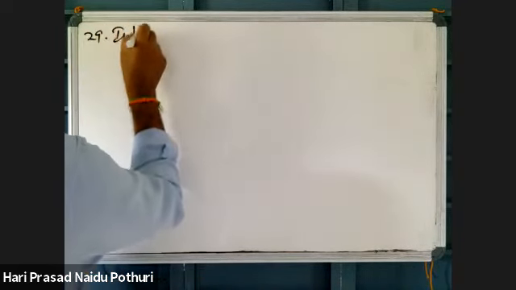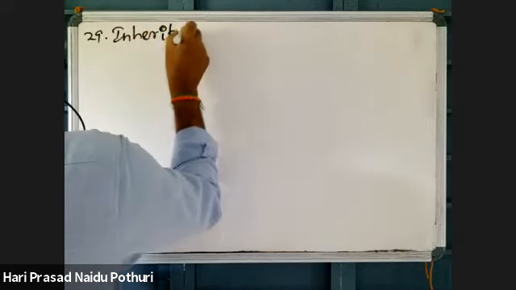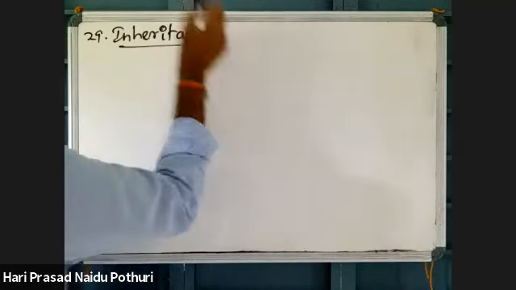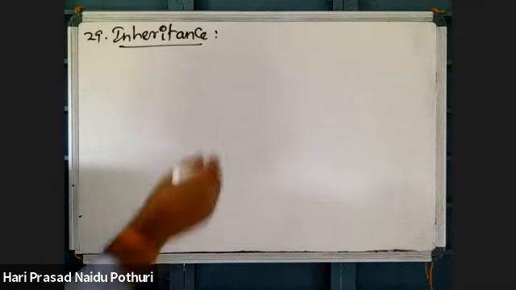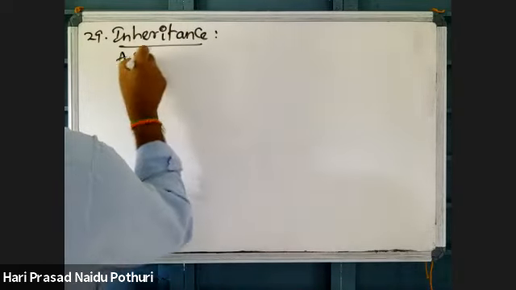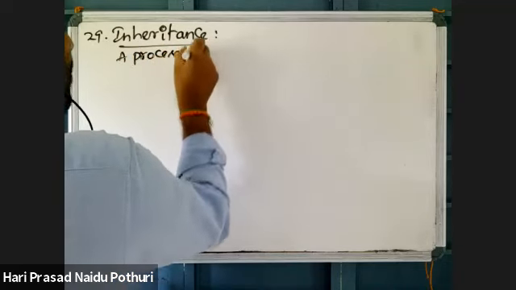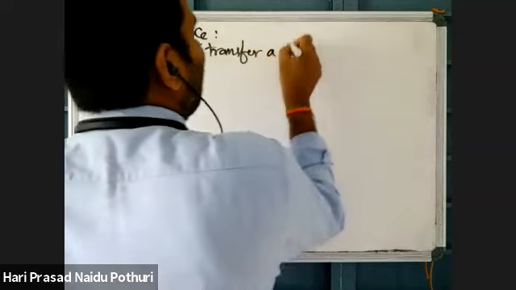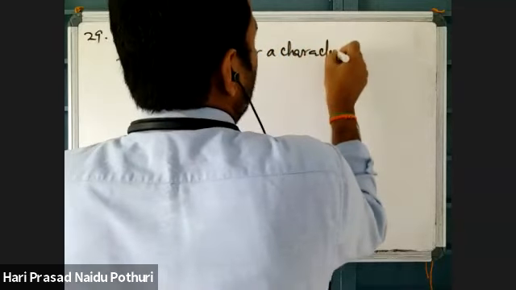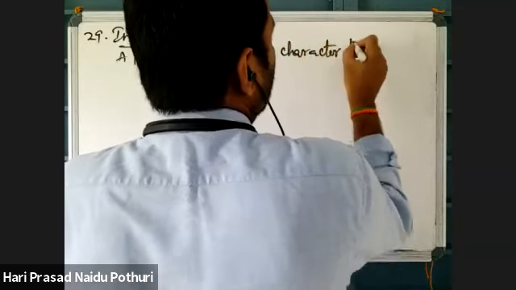Next definition, 29th, inheritance. What is inheritance? A process of transfer of a character through generations.